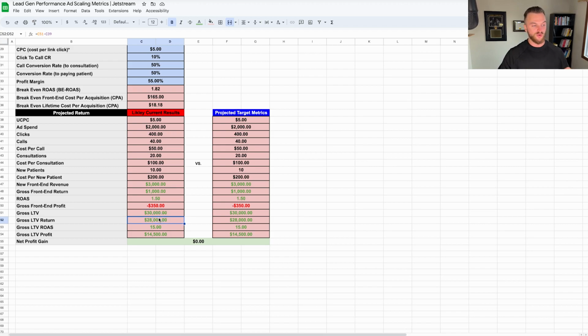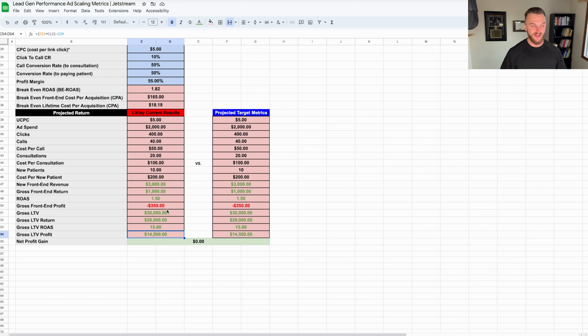And at a gross LTV return of 30,000 minus 2,000, that's 28,000. Then our gross lifetime ROAS, or return on ad spend, would be a 15. And our gross lifetime profit, given your profit margin, would actually be $14,500. That's just considering your metrics and exactly how ads break down and how you can profitably scale this for your business.